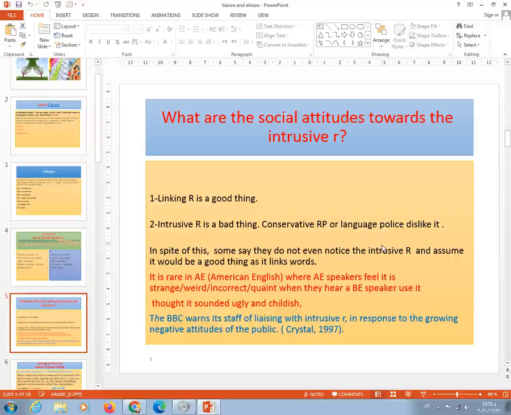the language police. People who always say, don't say this, say that, this is correct, this is incorrect, this is acceptable, and this is not acceptable. In every society you will find some people who are conservative.